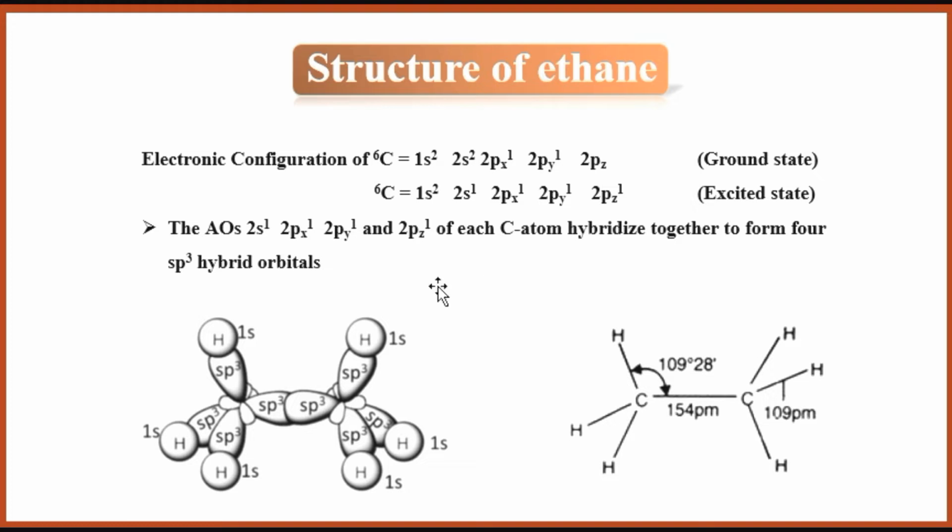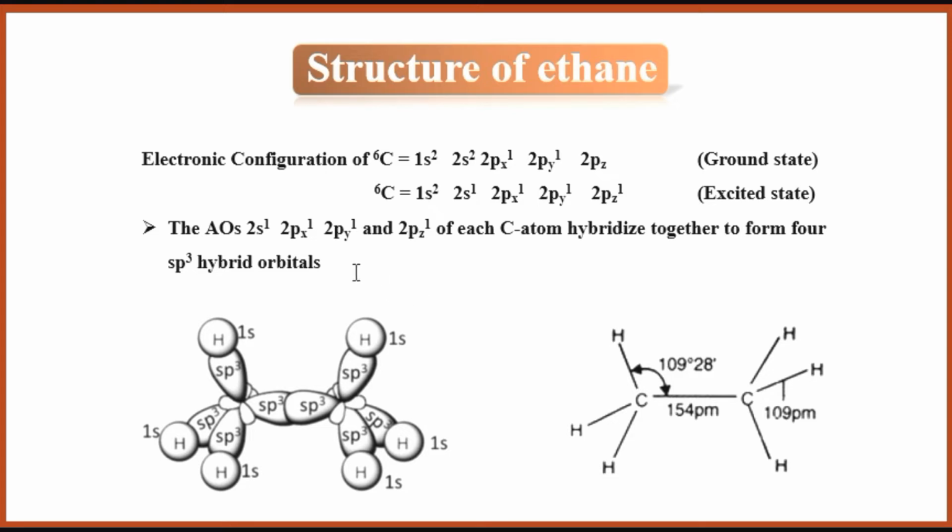And here we are talking about the hybrid orbitals of one carbon atom in the case of the ethane molecule, because both of the carbons would behave identically. So at one carbon atom the situation would be identical with that of the other carbon atom. So we may consider any carbon atom here.